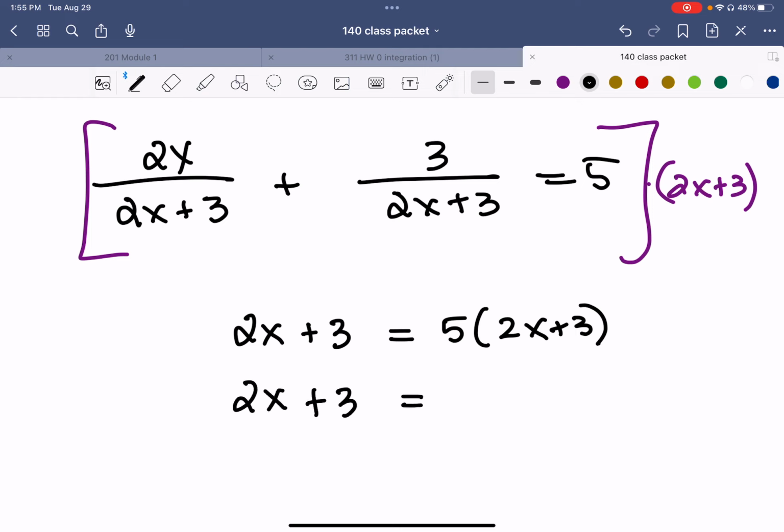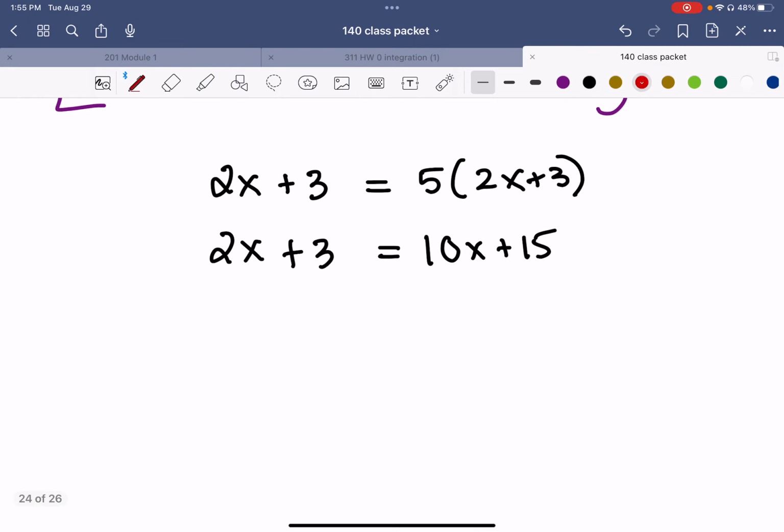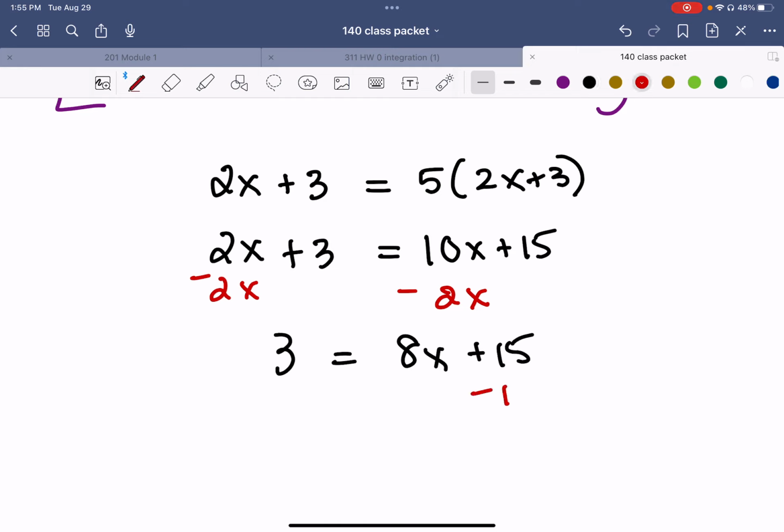And we're going to multiply that out. So distribute your 5. So that's 10x plus 15. We're going to subtract 2x from both sides. And we get 3 equals 8x plus 15. Let's subtract that 15 from both sides.